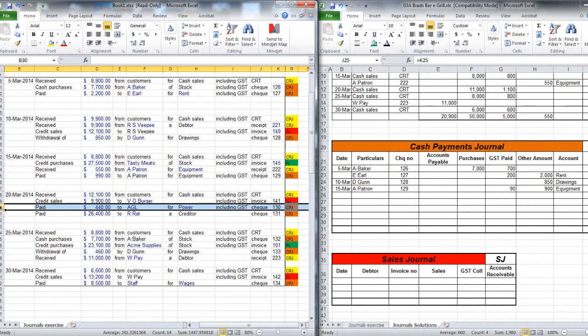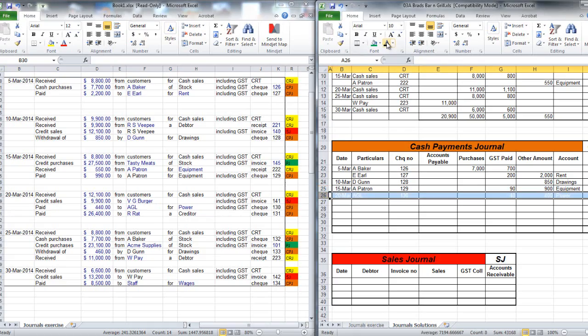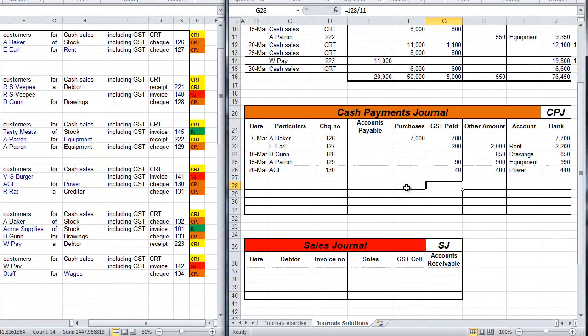On the next one, paid. So this was AGL, so it's power. So we got the date, we paid, the check number, the GST and the amount. Power is the account, for about 140 in total. Then we do the next one.